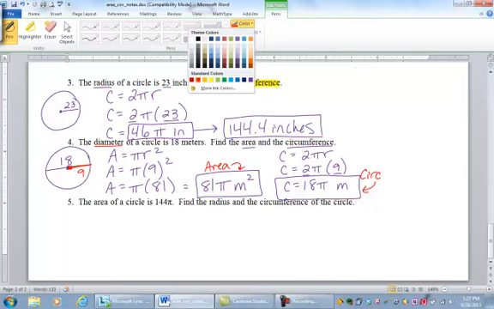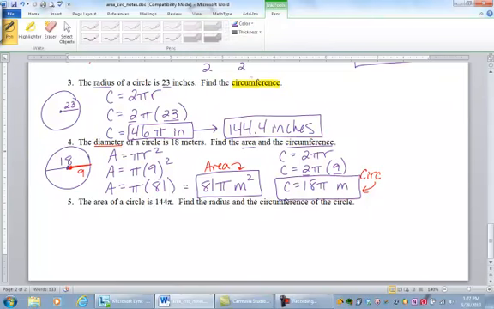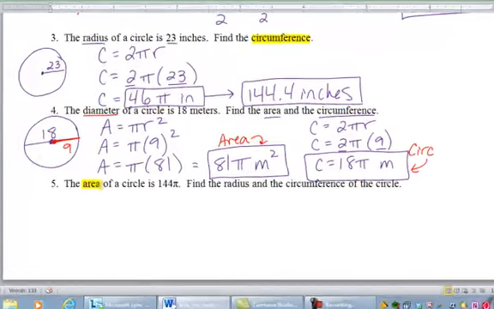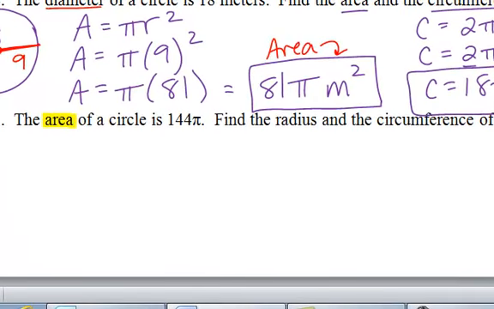Now we just have one question left. This one's another area problem. Find the radius and circumference of a circle whose area is 144. So I read that word area, and I'm going to start by writing my area formula.